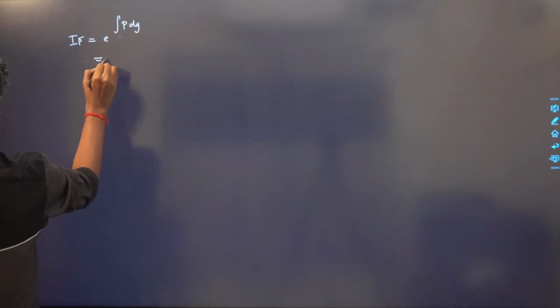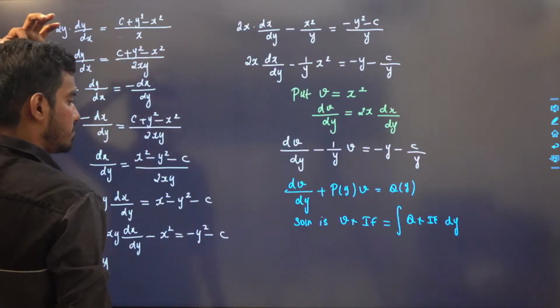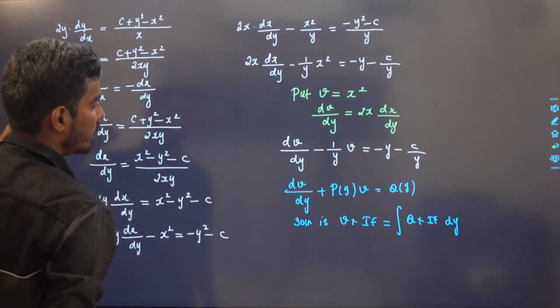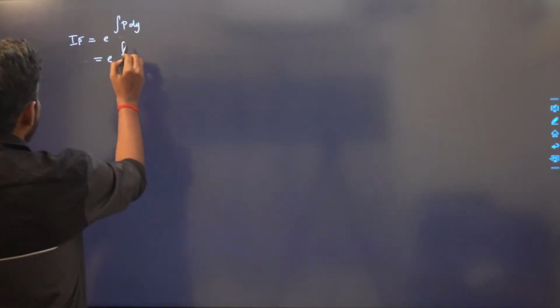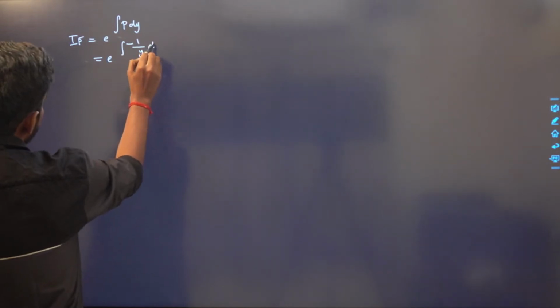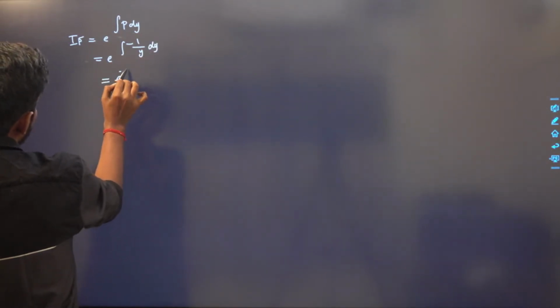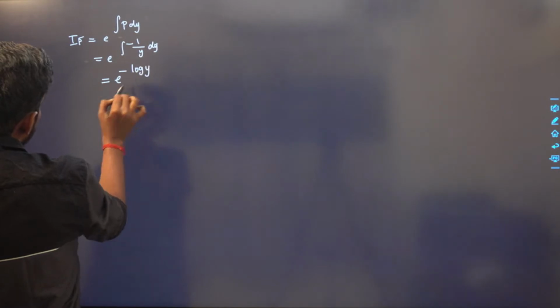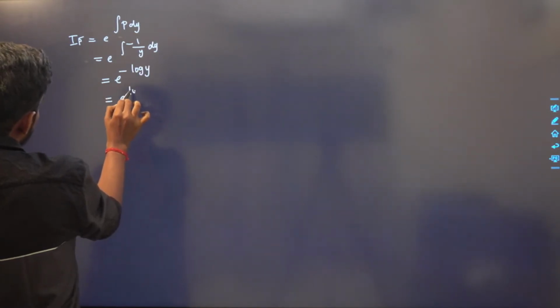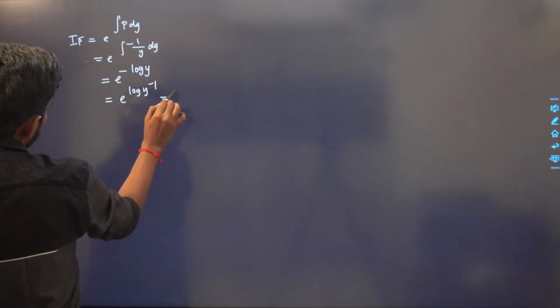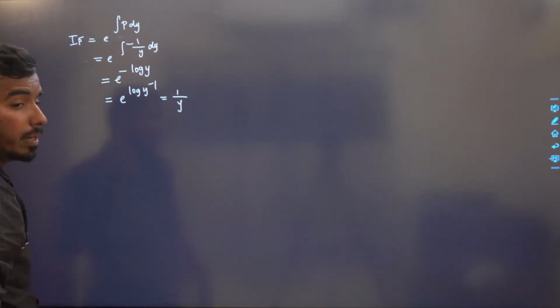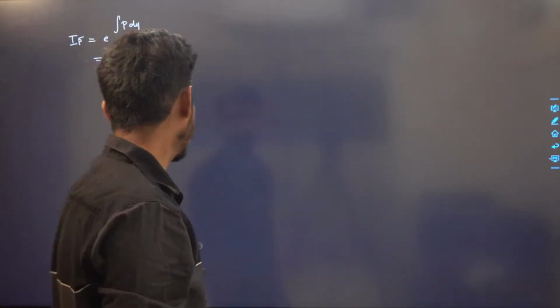You just have to understand linear differential equations; we have already done many problems based on that. So minus 1 by y is our P. Minus 1 by y dy, so e power minus log y, e power log y power minus 1. So 1 by y is our integrating factor.